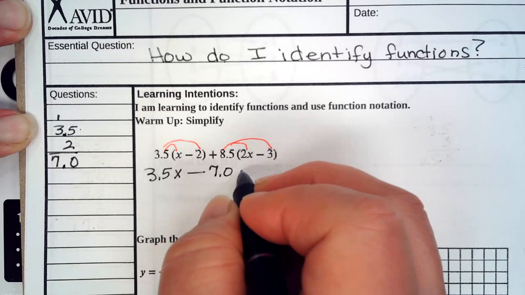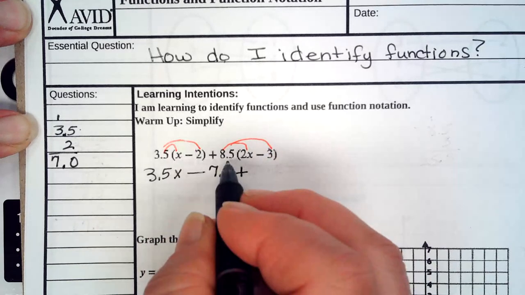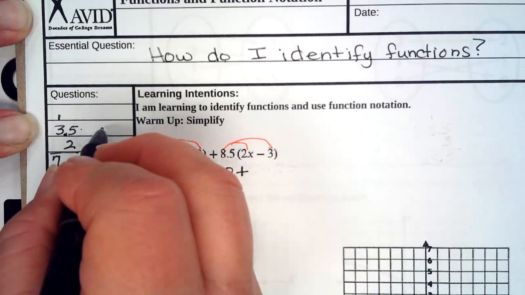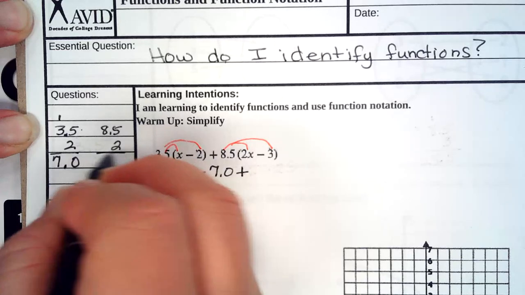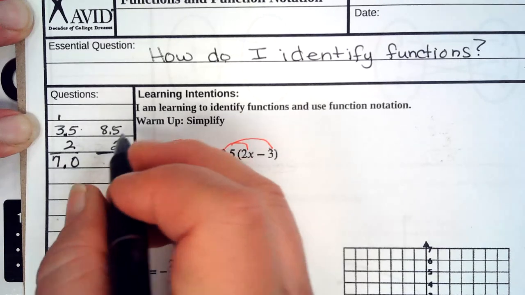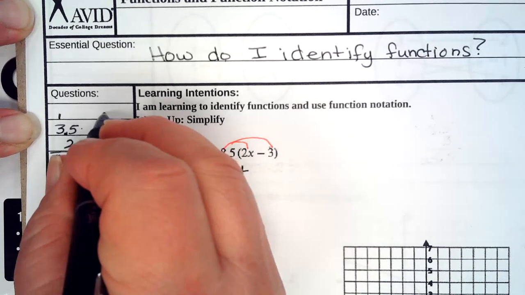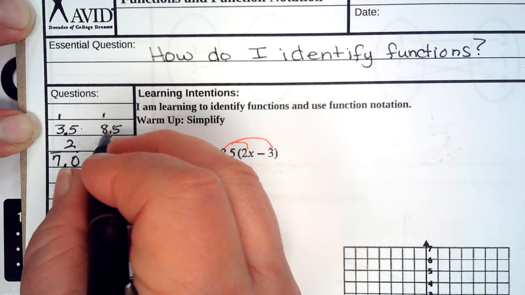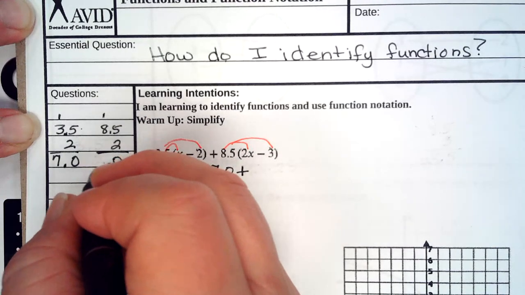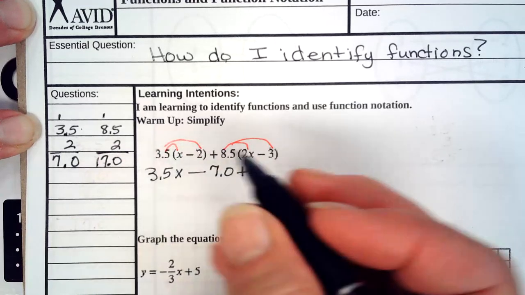Okay, so plus 8.5 times 2. 2 times 5 is 10. Carry the 1. Bring your decimal down. 2 times 8 is 16, plus 1 is 17.